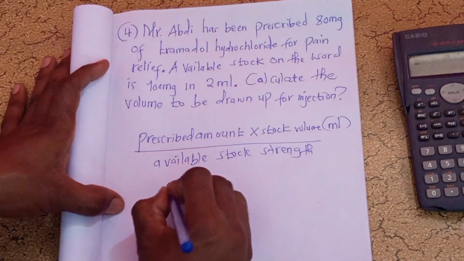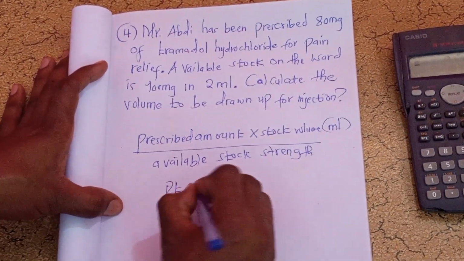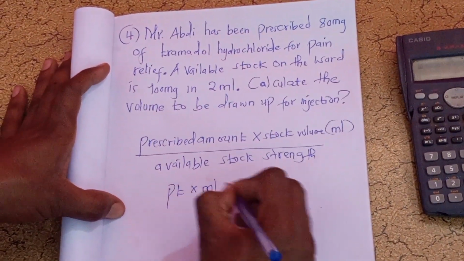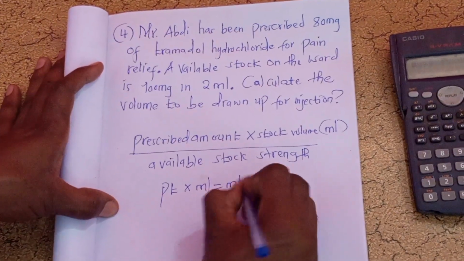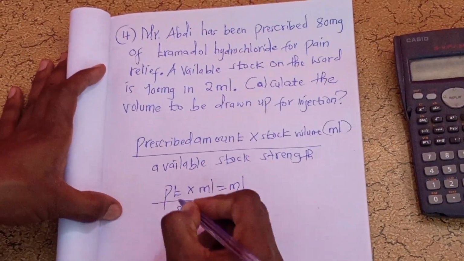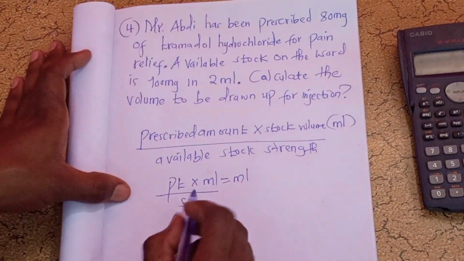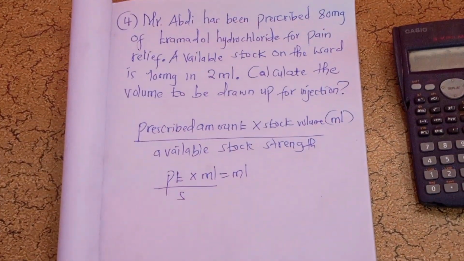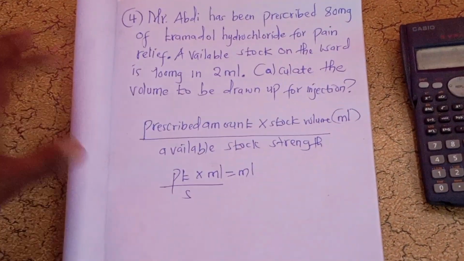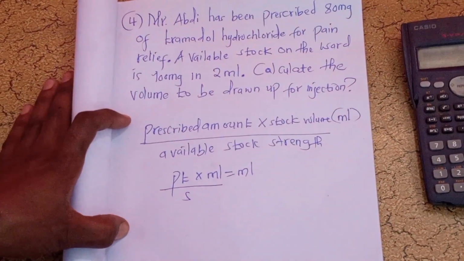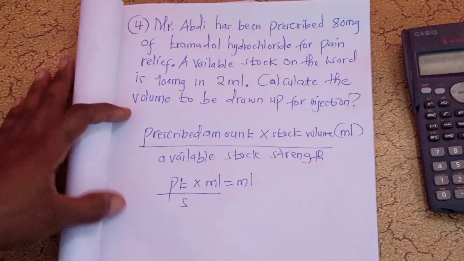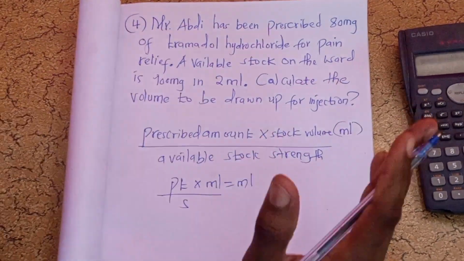In short, patient times ml, which gives us ml, all over divided by available stock strength. This is the formula you apply when calculating volumes for drug injections to administer to the patient. Okay, let us calculate now.